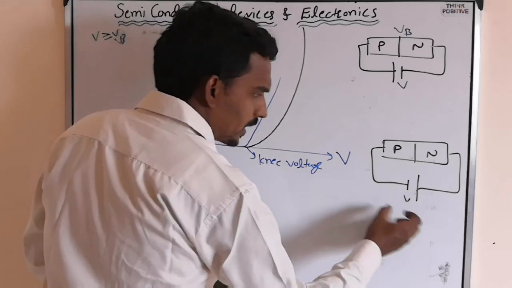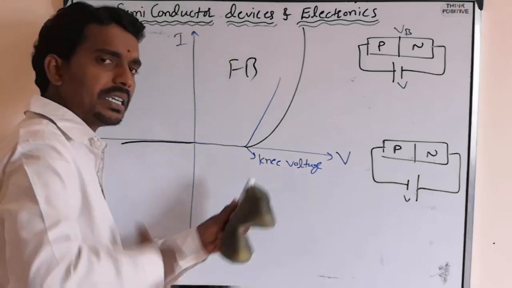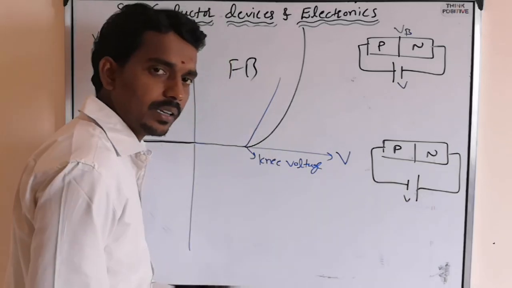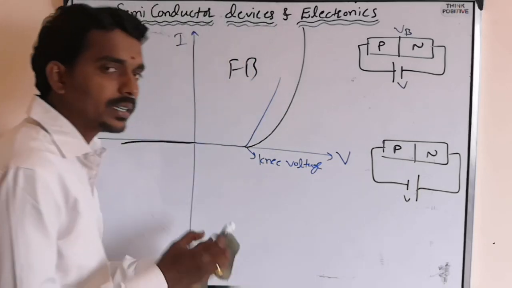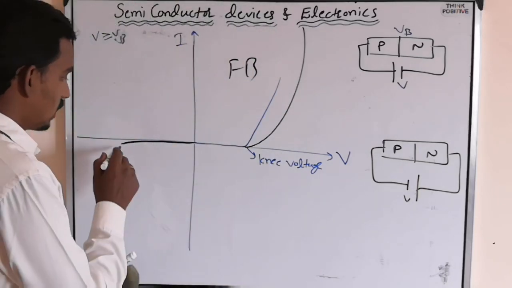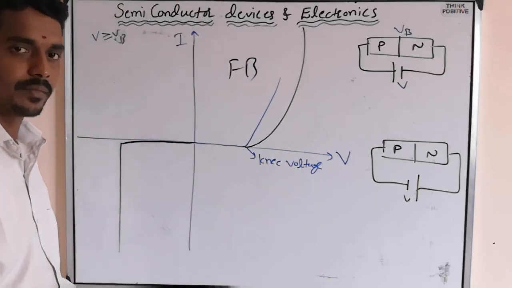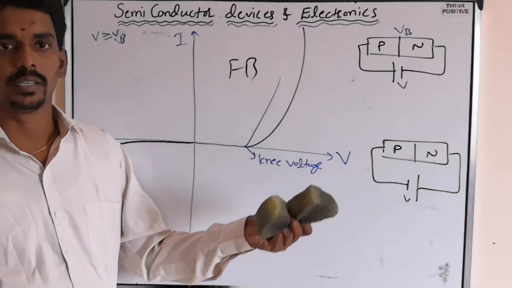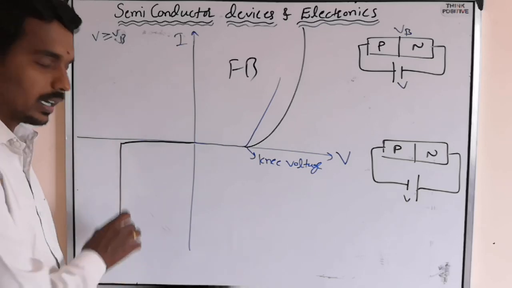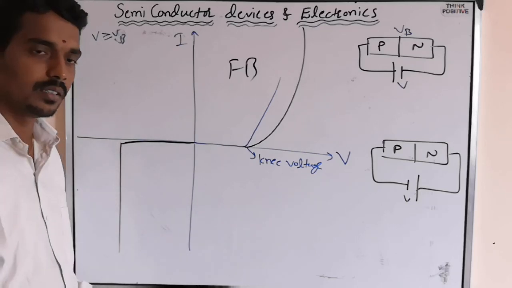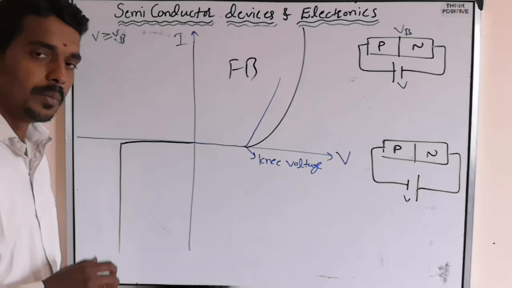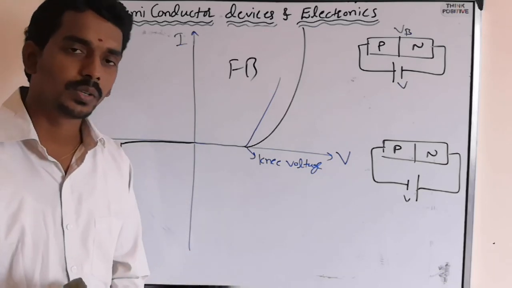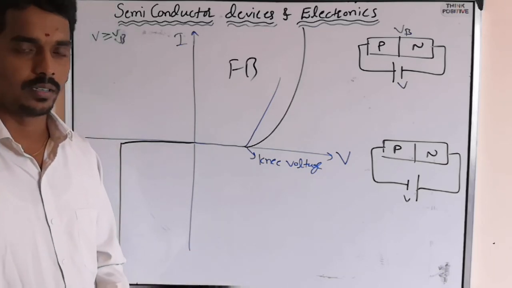But if you keep on increasing this voltage, at a particular point suddenly the current rises. The current increases in the reverse direction very hugely, a sudden increase, and this is called the breakdown point.